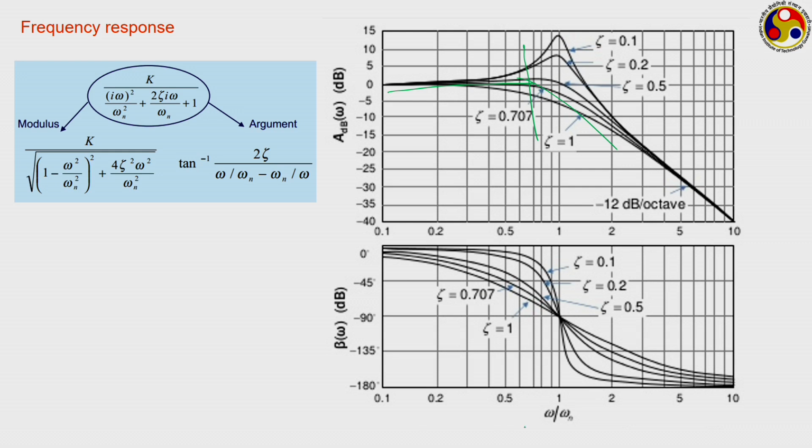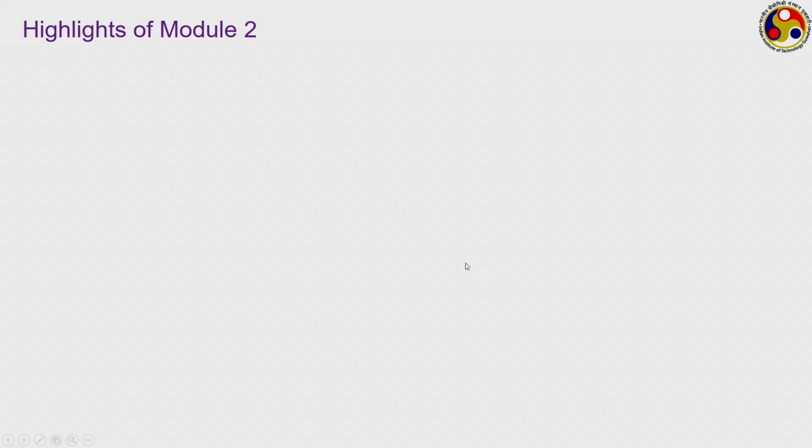You can see for the phase response, the phase lag is always there. As this omega upon omega n ratio keeps on increasing, the phase lag keeps on increasing. But for 0.707 we are getting almost a straight line representation till a reasonably high value of omega upon omega n. So, this is generally a quite common choice for zeta. This 0.6 to 0.7 is generally a favorable choice.